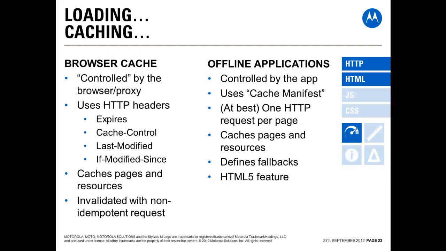Browser cache has been around for a long time, and generally has been done badly. It's controlled by the browser or the proxy, and it uses the HTTP headers to define how to cache and how to get new versions if needed.